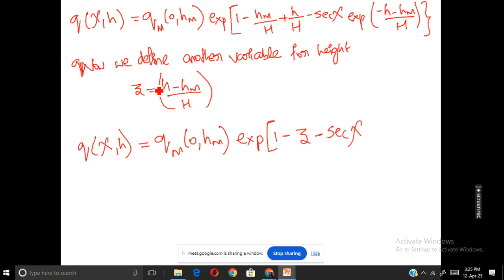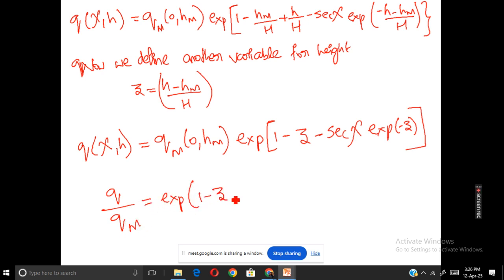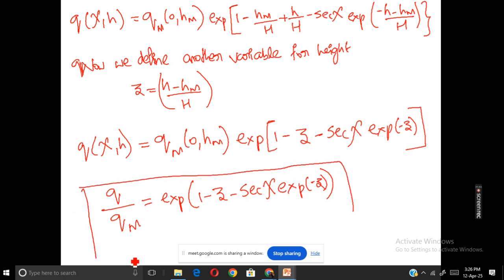Here also we have h minus hm by H, so Q by Qm can be written as exponential of 1 minus Z minus sec chi into exponential of minus Z. This is the final equation for the production for any solar zenith angle chi and any height h.